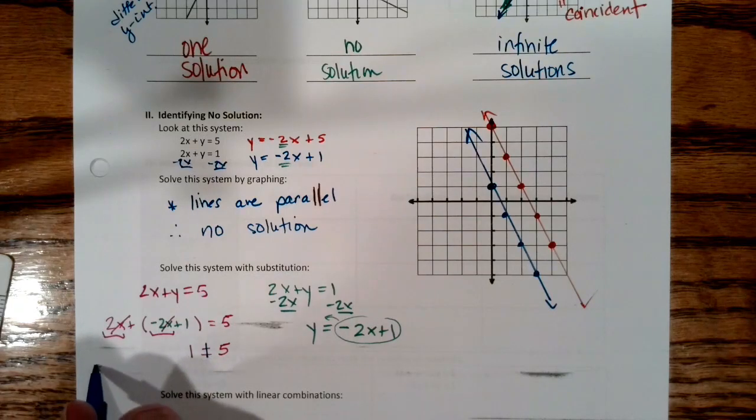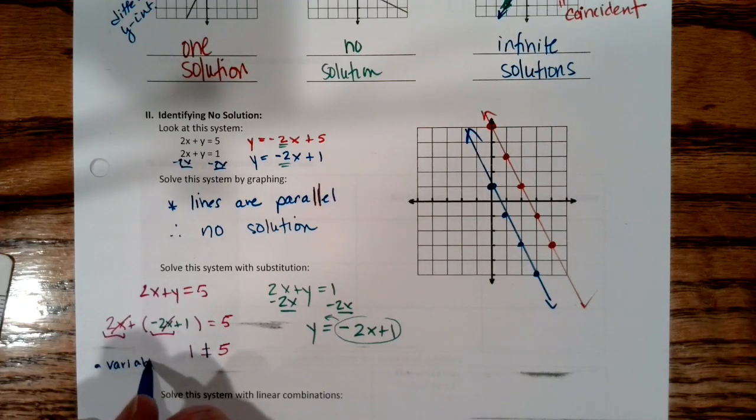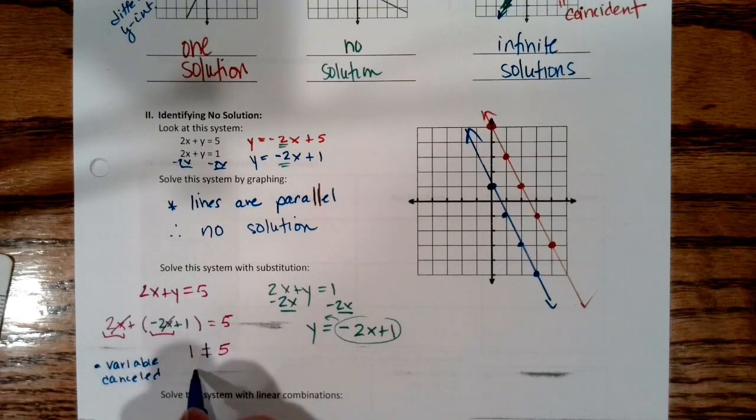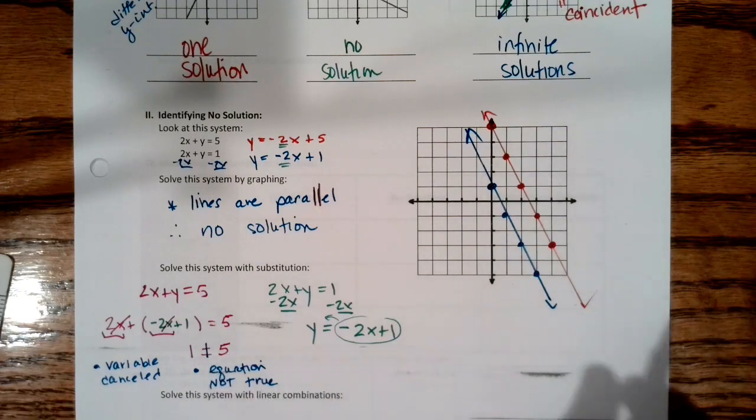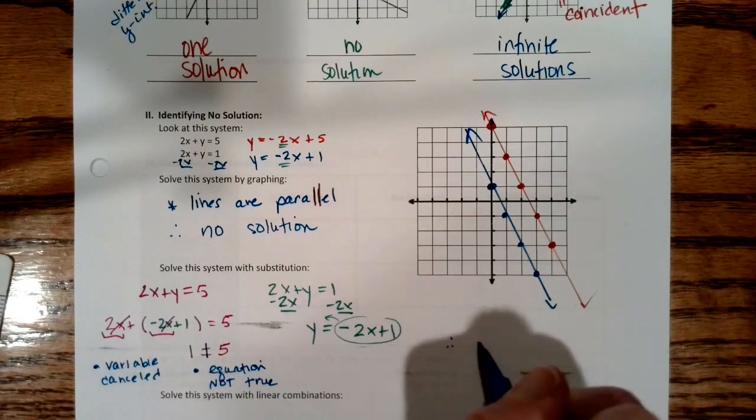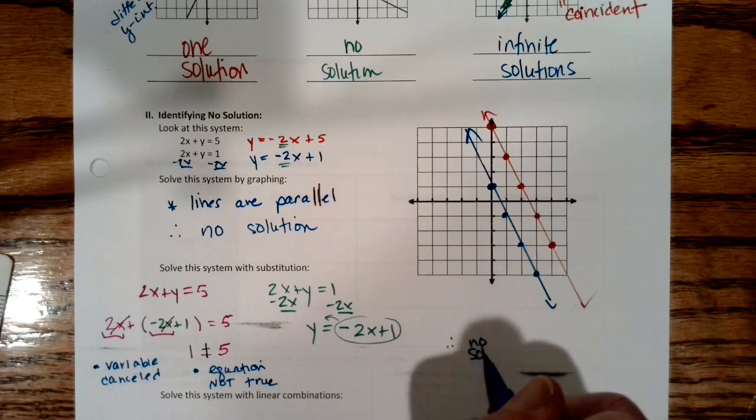So 2 things happen. My variables canceled, and the number sentence I'm left with is not true. So therefore, no solution.